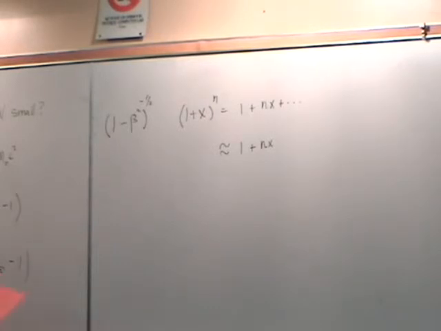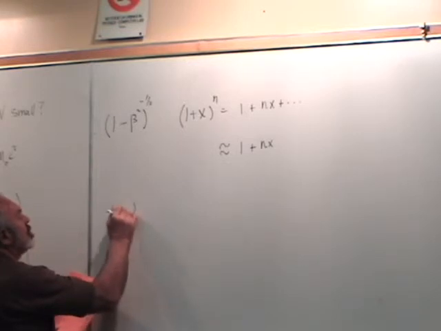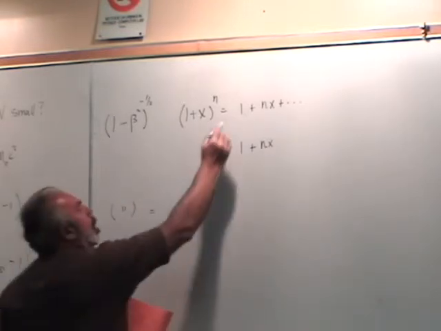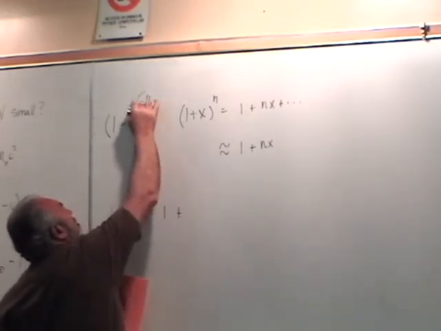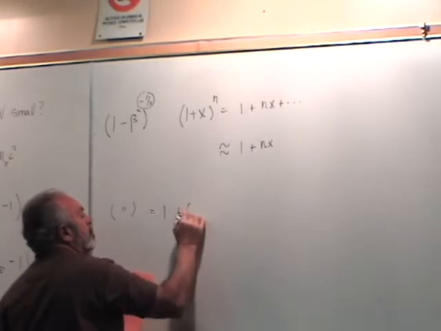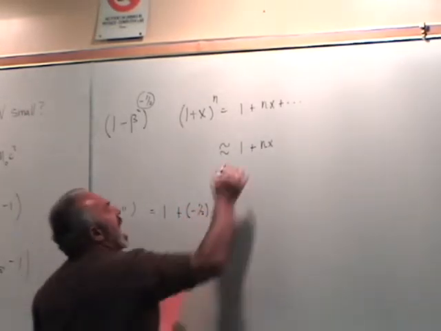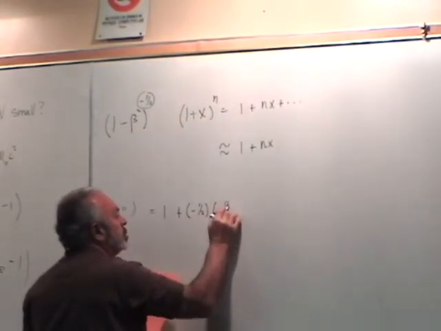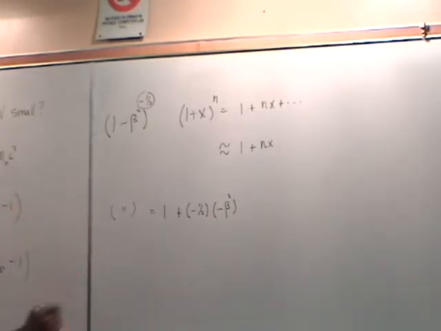So, I can say then that the above expression is equal to 1 plus n x, and I get a double negative.